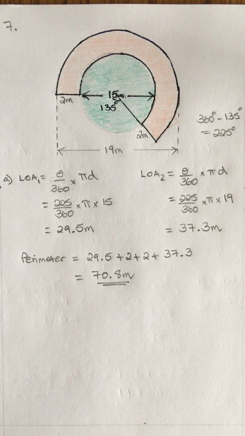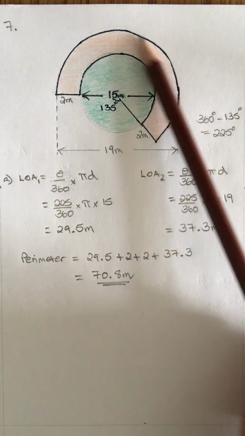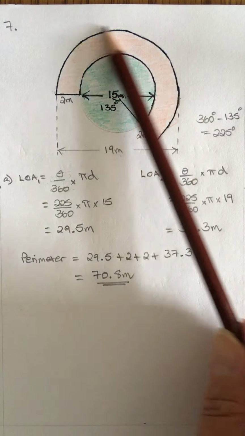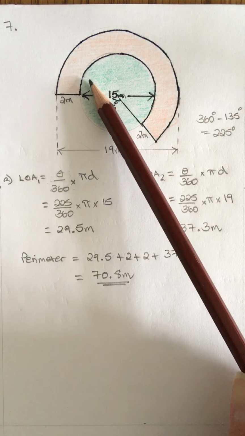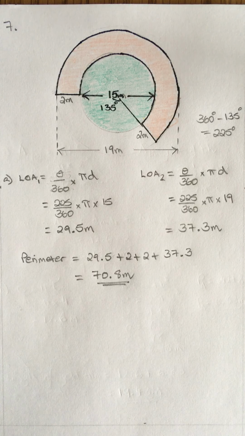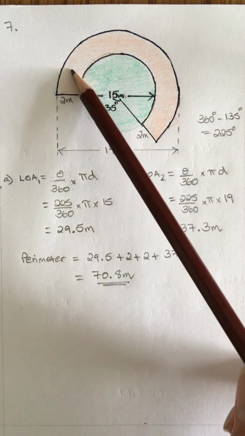Right, part B says the area covered by the path. So we're going to have to work out the area of the whole big circle, the area of that sector of the big circle. Then we work out the area of that sector of the wee circle. If we take that away from the big one, we end up with the area of the path.